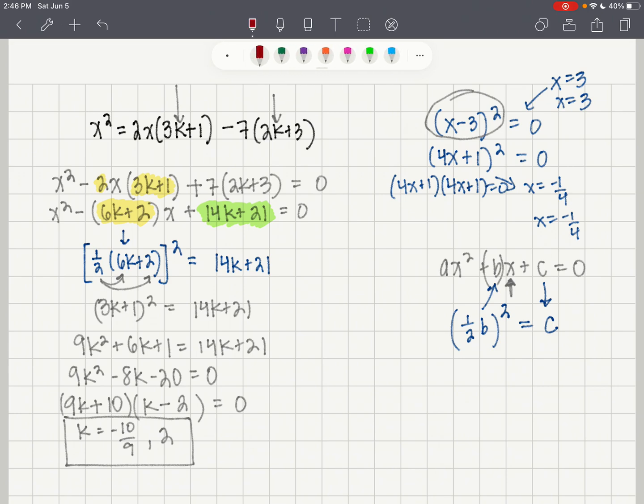So let me show you that in red. Here I'd have x² = 2x times 3, and then I'm going to put that -10/9 in for k, again, -10/9 in for k.